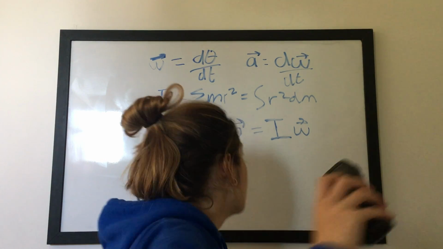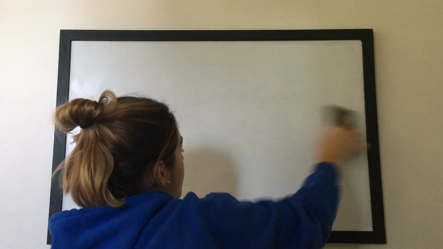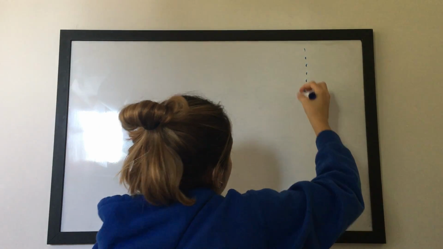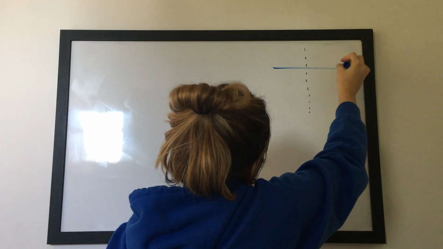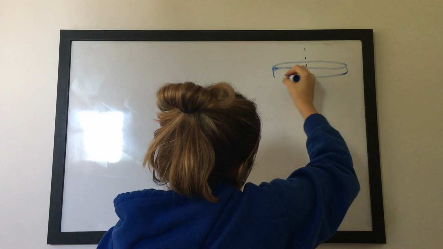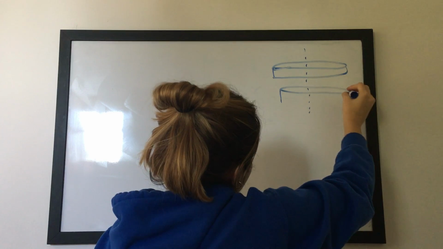So, I'm going to go ahead and make some space to draw this diagram. We've got our axes and disk number 1 and disk number 2.